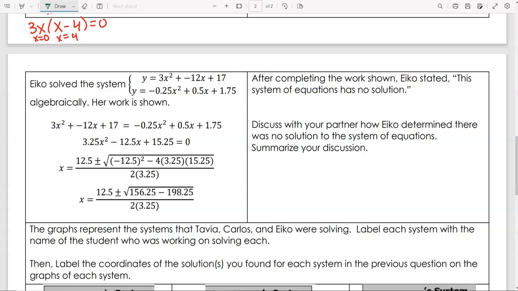It ends up being a negative number. Yeah. If the next step here, what is that? It is 156.25 minus 198.25. You get negative 42 under the radical.